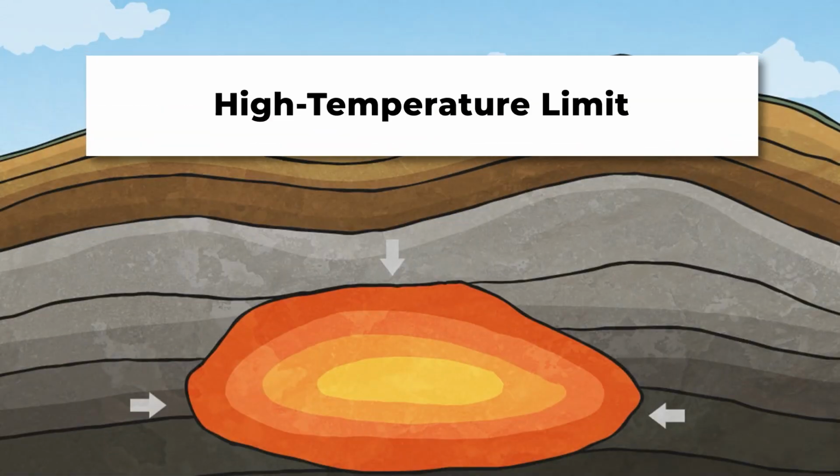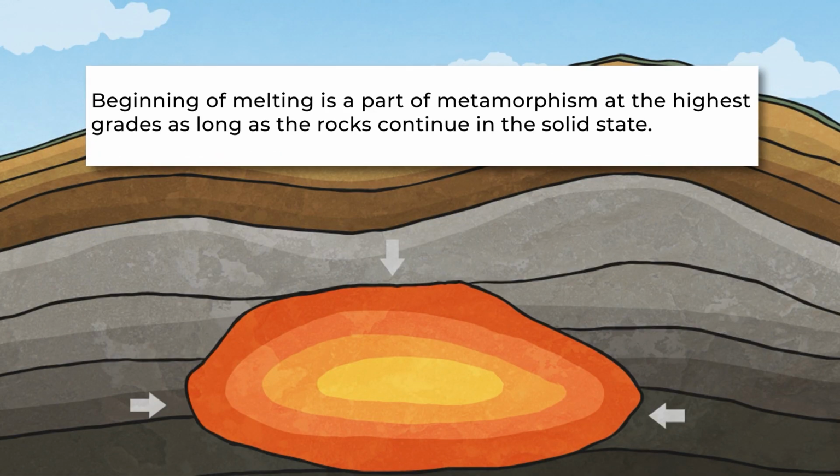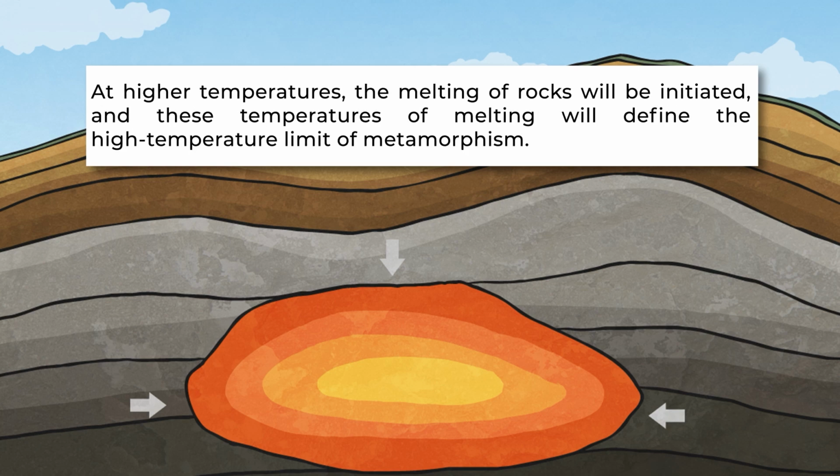Now, what is the higher temperature limit? Once it is more than the metamorphic range, melting takes place. The beginning of melting is a part of metamorphism at the highest grade, as long as the rock continues in the solid state. At higher temperature, the melting of the rocks will be initiated, and these melting temperatures define the high temperature limit of metamorphism.